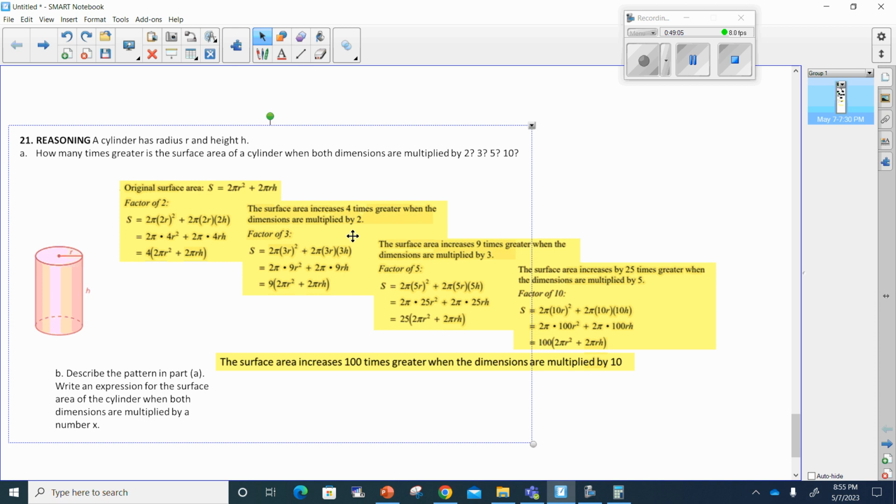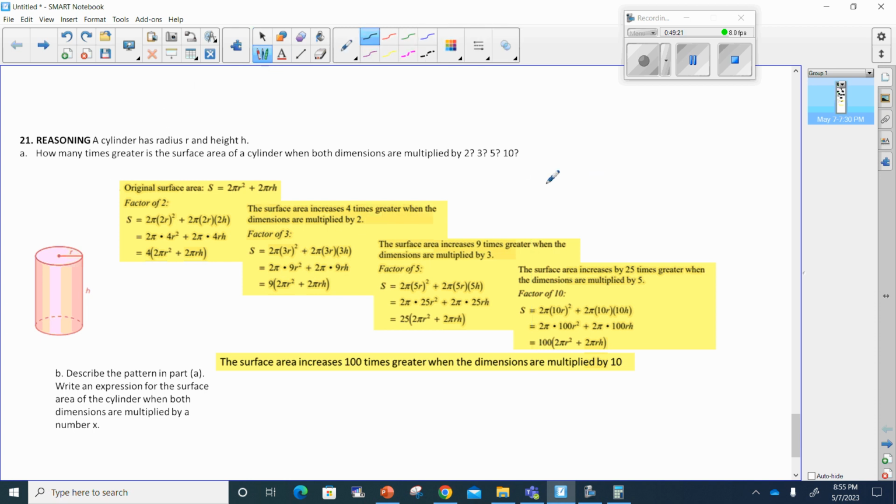The surface area increases 4 times greater when you have a dimension multiplied by 2, all right? And remember, it's almost like when we have a picture, right? And I say, how many times is this picture, when I multiply it by a factor of 2, going to go into itself?